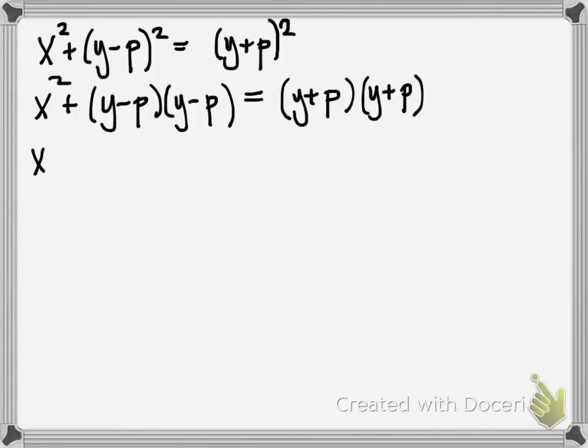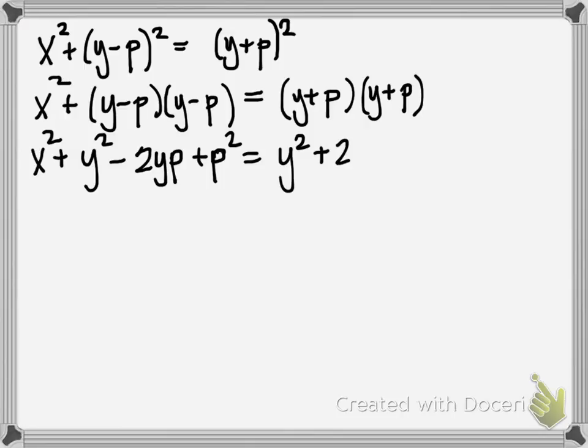And now we'll go ahead and multiply. So we'll have x squared plus y squared minus 2yp plus p squared equals y squared plus 2yp plus p squared.